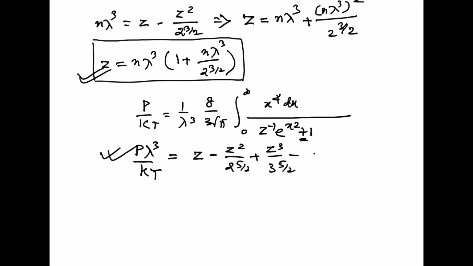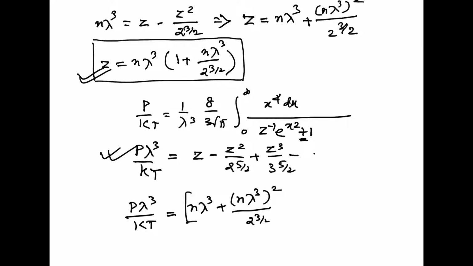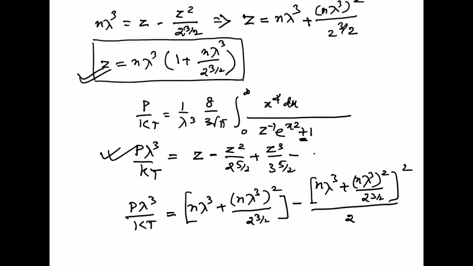So with this value of z and this equation, we can write the equation of state as P lambda cube by kT equal to, now for z we are substituting from here, n lambda cube plus n lambda cube whole square divided by 2 to the power 3 by 2, that is z, minus n lambda cube plus n lambda cube whole square divided by 2 to the power 3 by 2 whole square divided by 2 to the power 5 by 2.